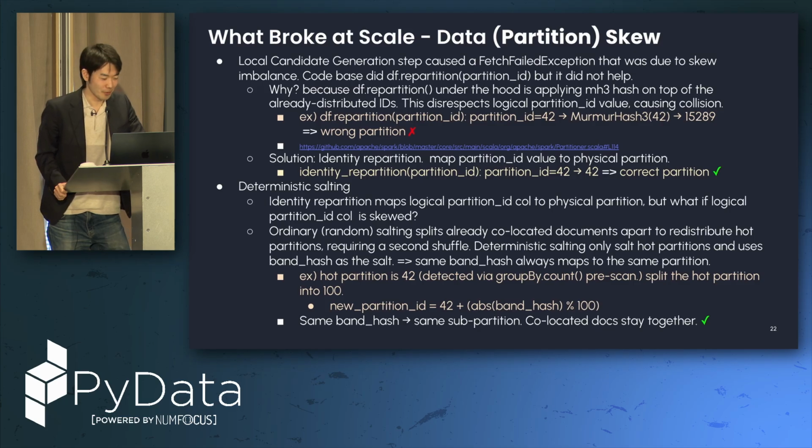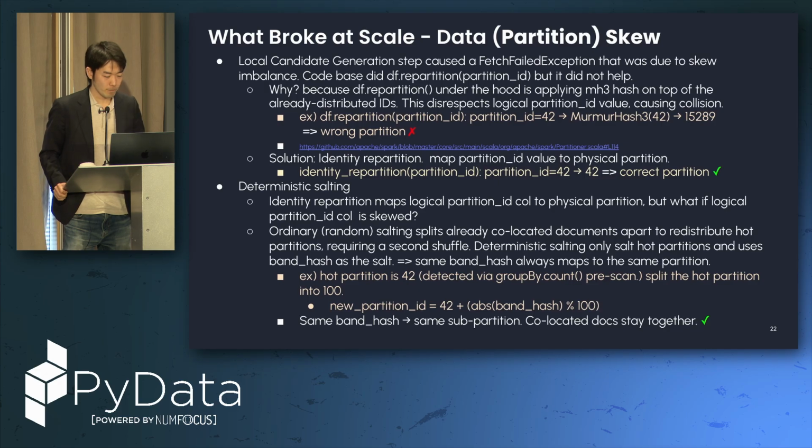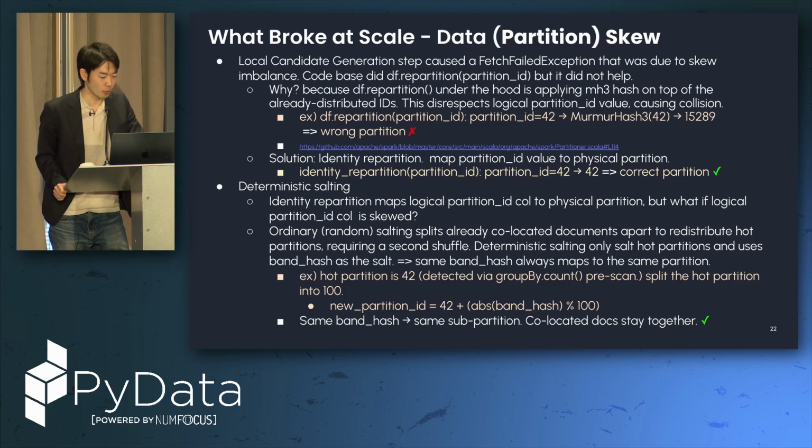Okay, so the local candidate generation step caused the fetch failed exception, and this is due to a data skewness problem. It's very common for Spark users, and in my code base, I actually did df.repartition using partition ID, but it didn't help, and I'm gonna tell you why.